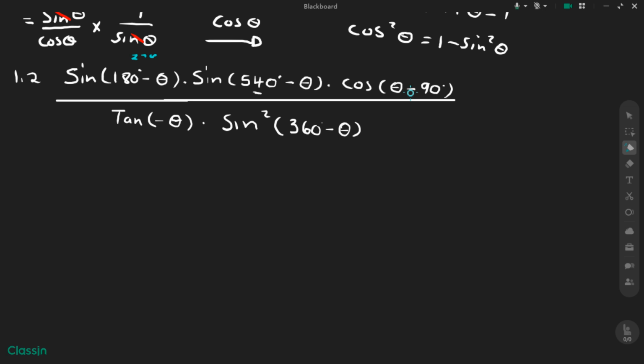Then we have theta minus 90, which is also new. The arrangement like this is new. We have negative tan, we know. We have 360 minus theta, and 360 is found in the fourth quadrant. Remember I said this one is in the second quadrant.